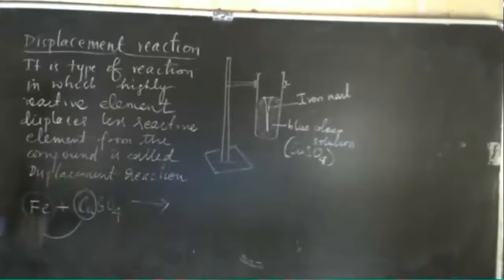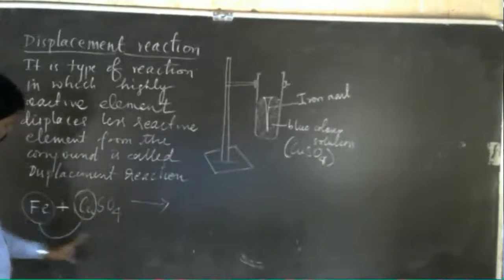So here, iron is more reactive, so it displaces the less reactive element from the compound. See the definition: a highly reactive element displaces a less reactive element. Iron is the highly reactive element. Copper is less reactive compared to iron.